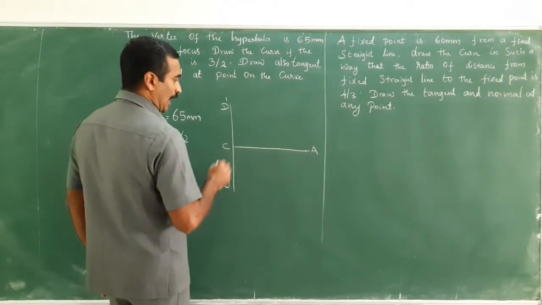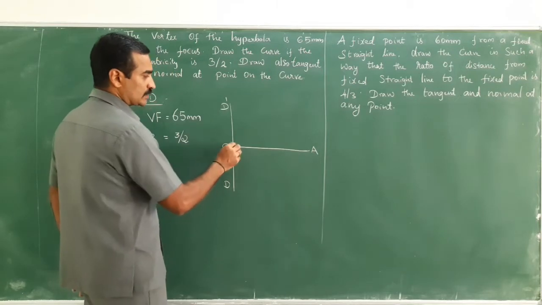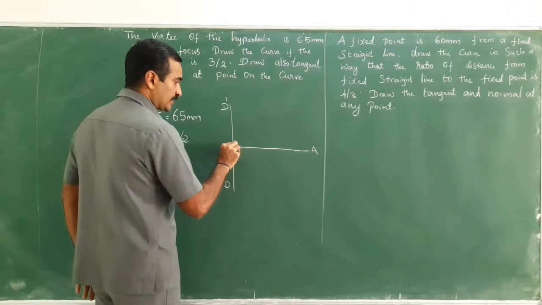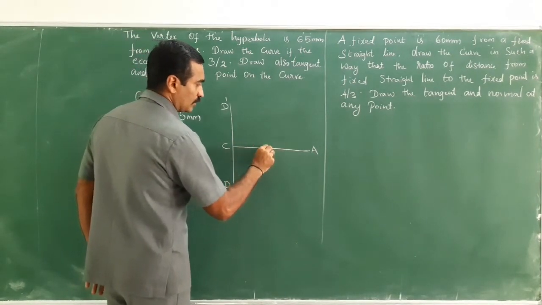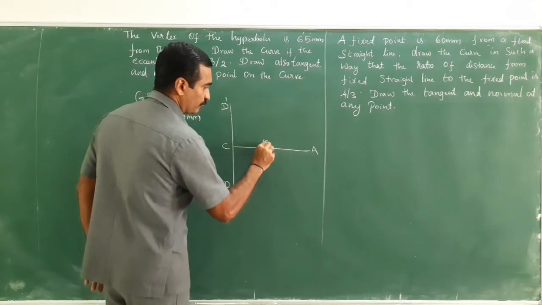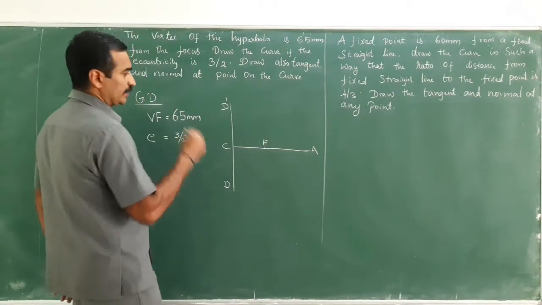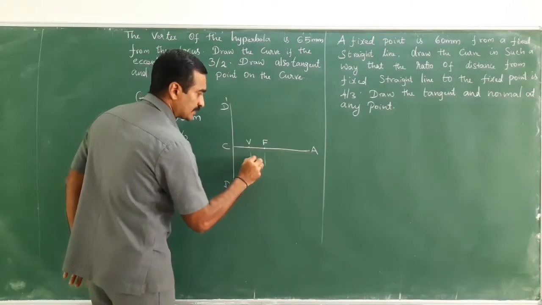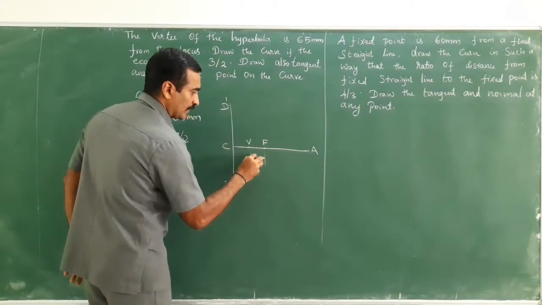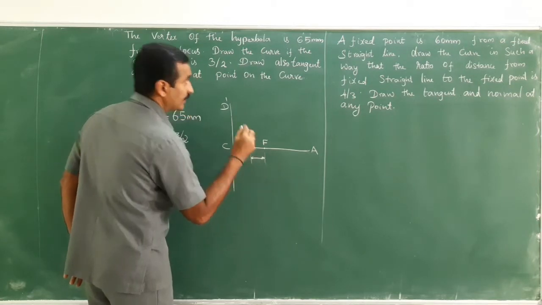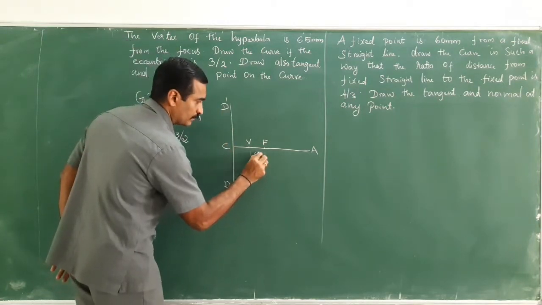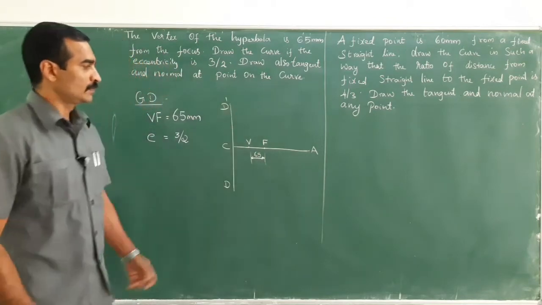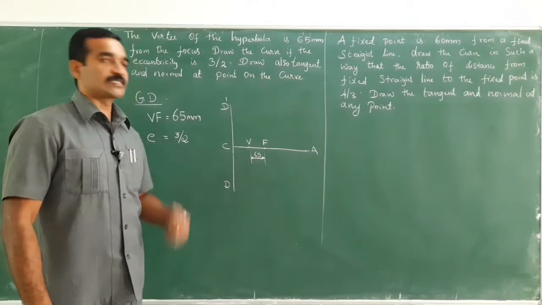Now I need to know the distance from the fixed straight line to the focus, that is F. In the question, this distance has been given as 65 mm. Now I need to find CV.